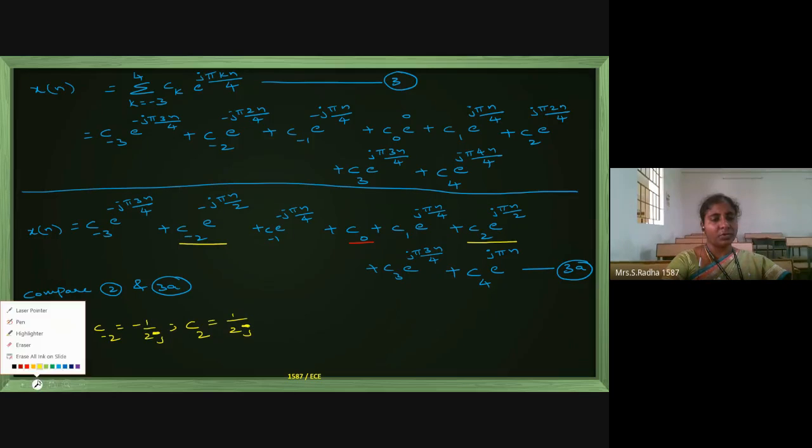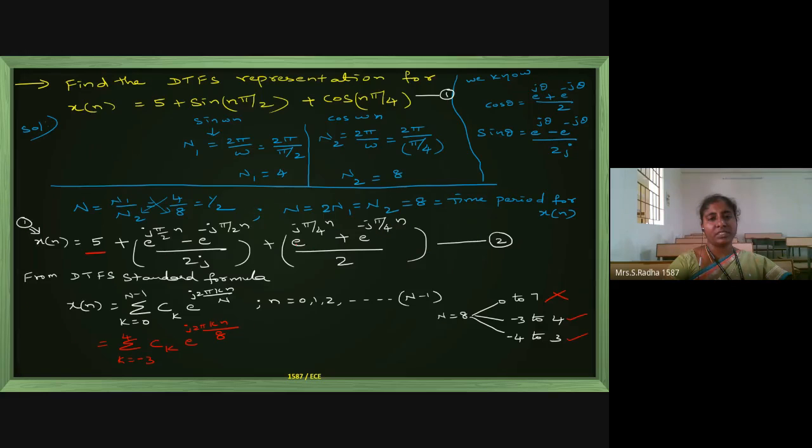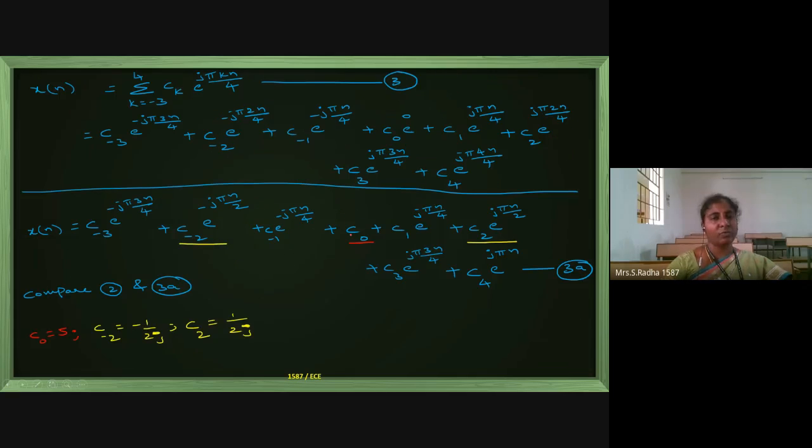Next, I will go with the next term. Next term I have is e power plus j pi by 4n, e power minus j pi by 4n, plus j pi by 4, minus j pi by 4. So the coefficients c minus 1, c plus 1.